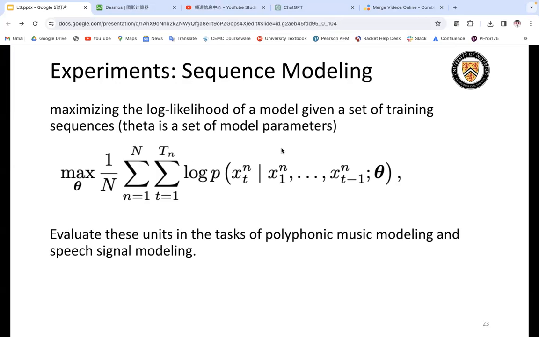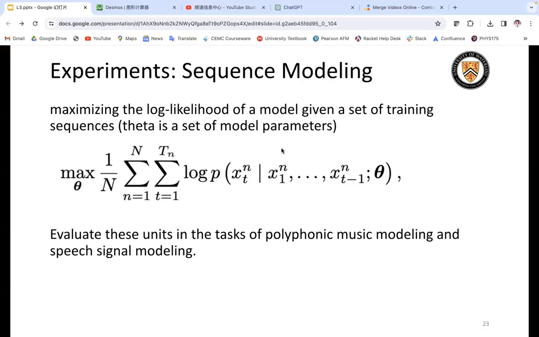Since x_t^n is a probability vector, we take the softmax to make the probability distribution smoother, and we take the sum of the log probabilities.